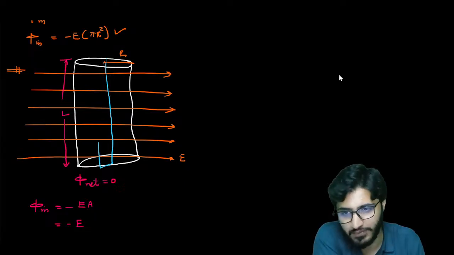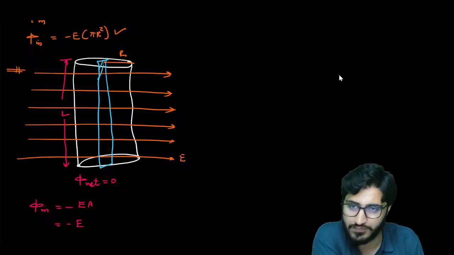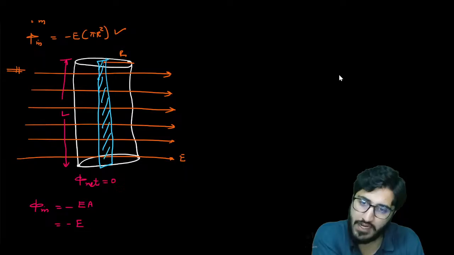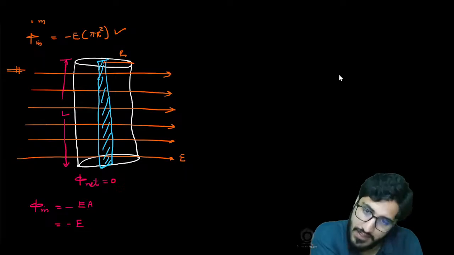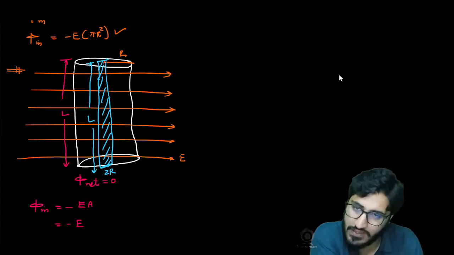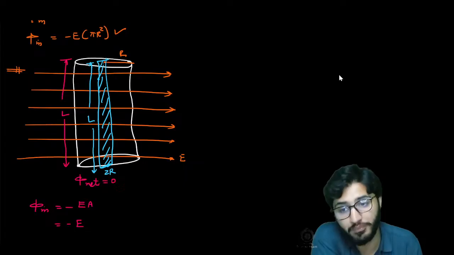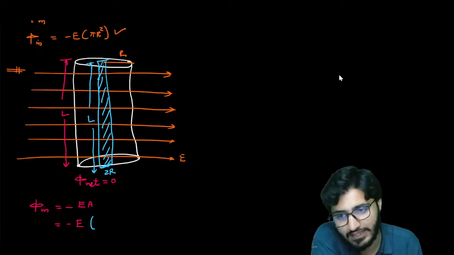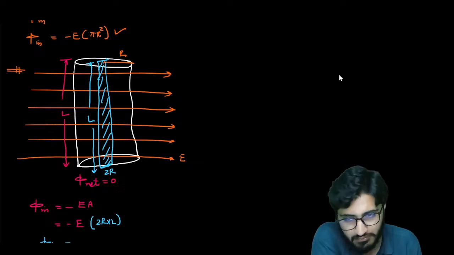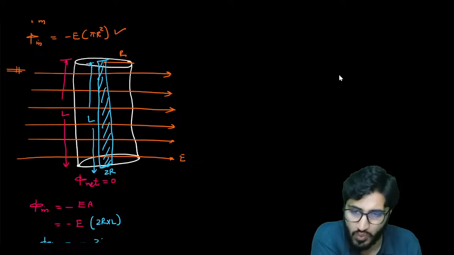I will just cut it from here. This portion is some sort of rectangle, right? This length would be 2R and the height would be L. So what is the area of this rectangle? Length into breadth: 2R into L. So my phi in is equal to minus 2RL times E.